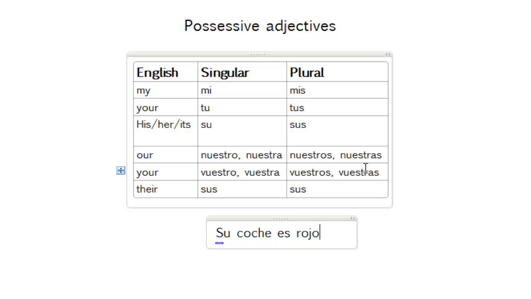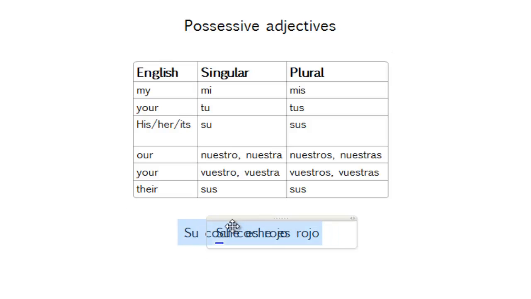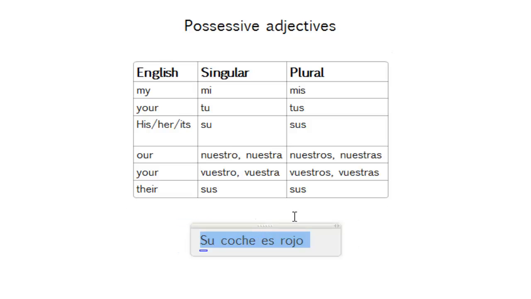Now it's obviously because el coche is rojo. But we have a problem when it comes to this, so really, how do we define it? How do we say it? How do we tell apart whether it's his, hers? Usually by context.